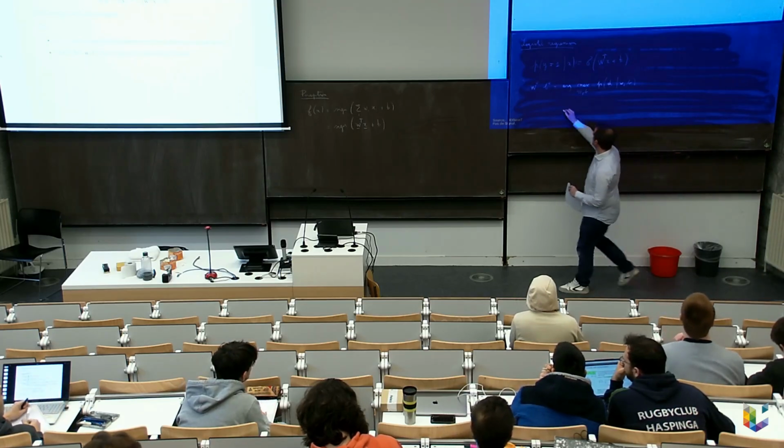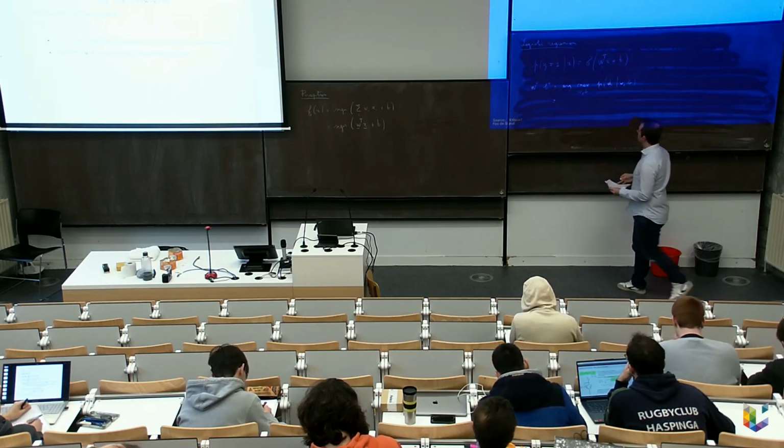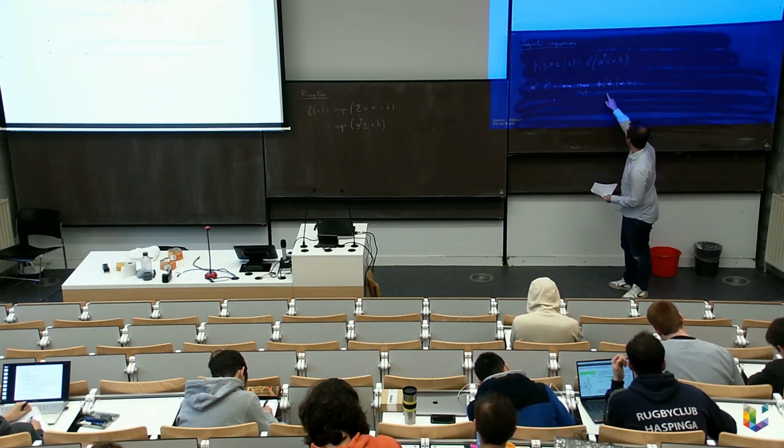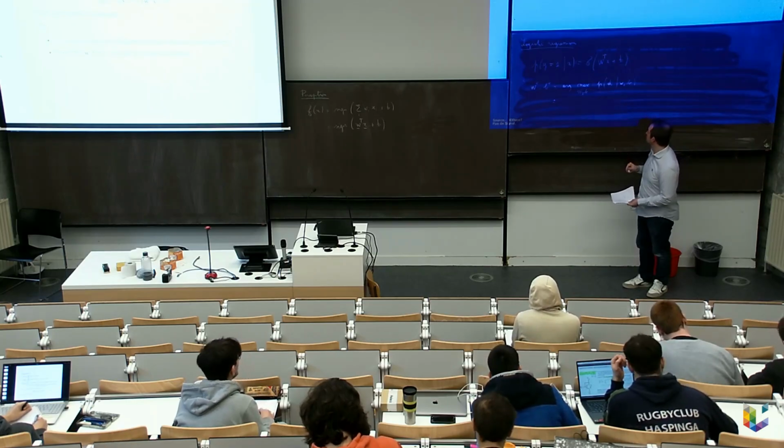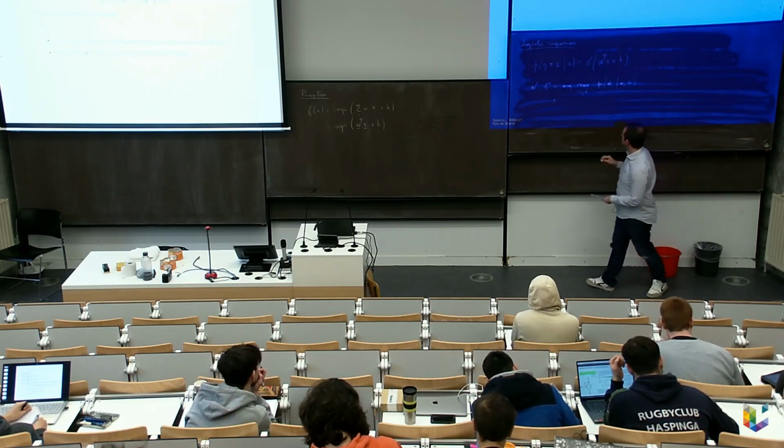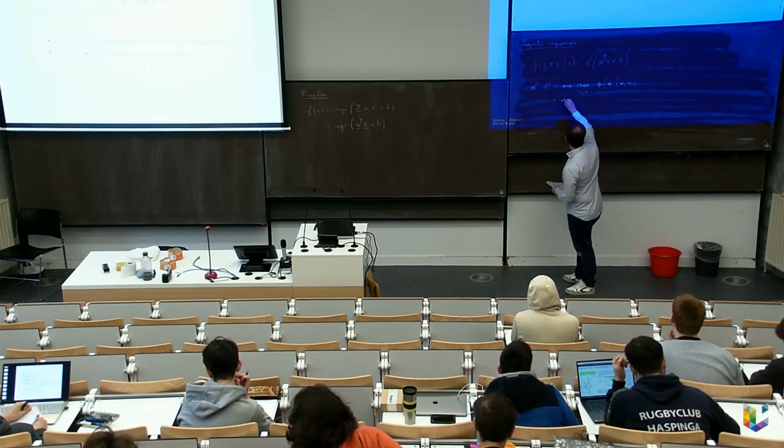If I assume that my data is IID, I can rewrite this joint probability as a product of marginal probabilities over the elements of the set.